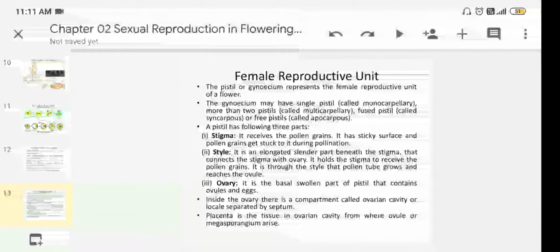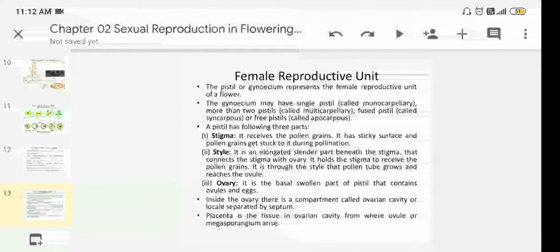Placenta is the tissue in the ovarian cavity from where the ovule or megasporangium arises. Style is an elongated slender part beneath the stigma that connects the stigma with the ovary. It is through the style that the pollen tube grows and reaches the ovule. So this is the path for the propagation of the pollen tube during fertilization.